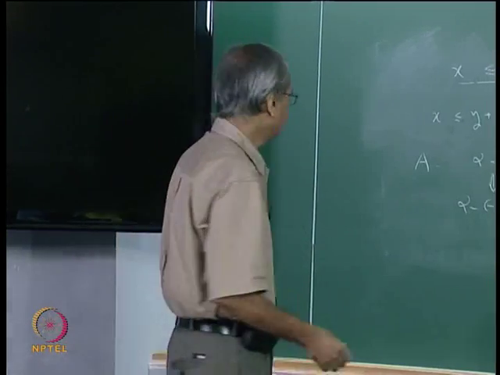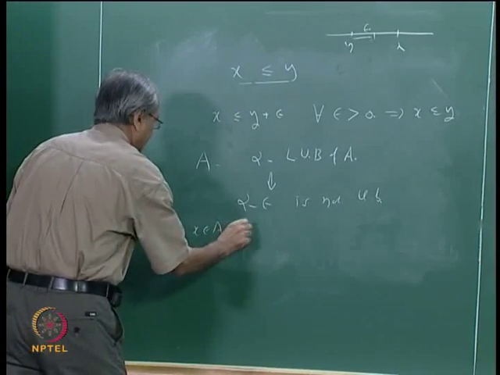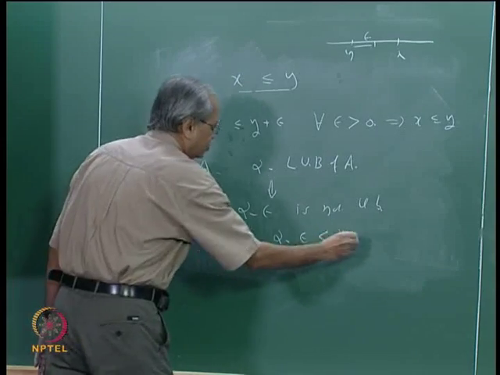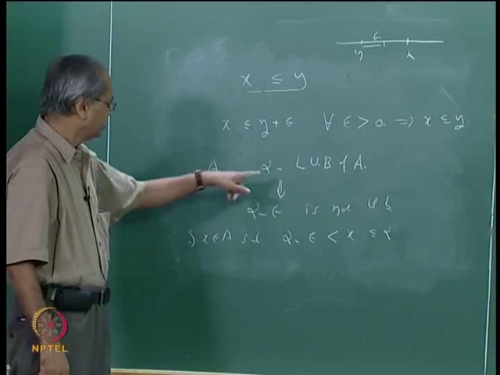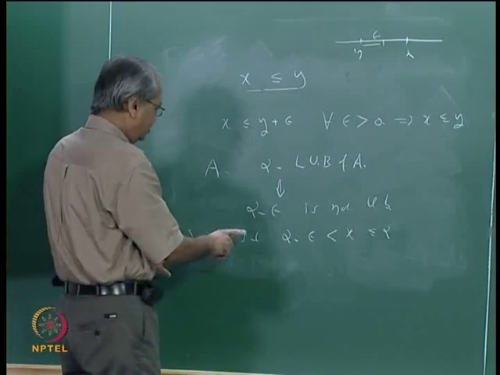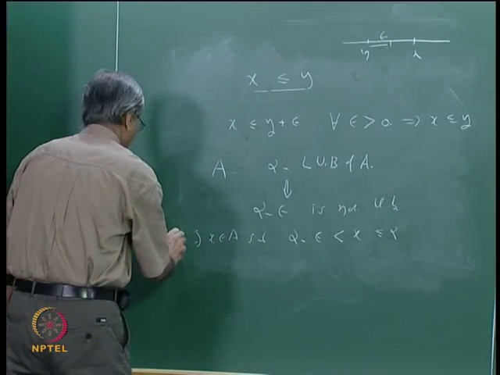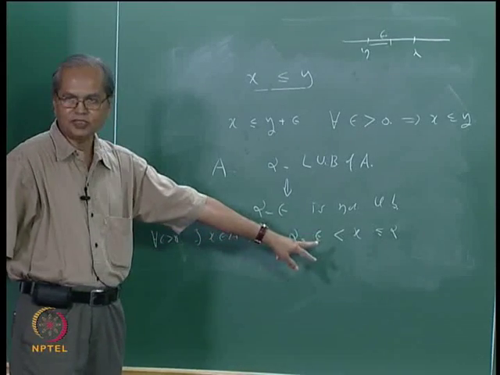So that means there exists x in A such that alpha minus epsilon is strictly less than x, and of course x is less than or equal to alpha. So if alpha is a least upper bound, we can say that for every epsilon bigger than 0 there exists x in A such that alpha minus epsilon is less than x.